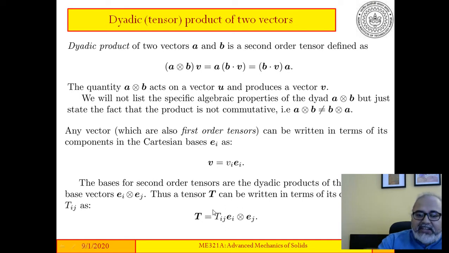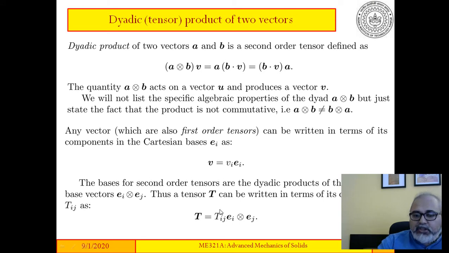So Tij are the components of the Cartesian tensor, second order tensor T, in the same way as Vi are the components of the vector V expressed in the Cartesian coordinate system.